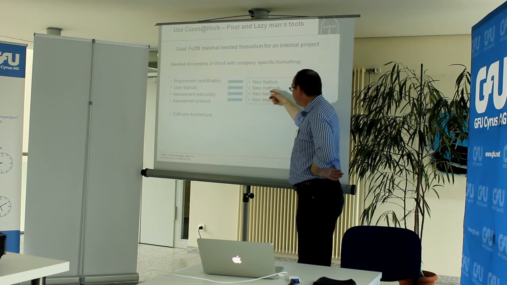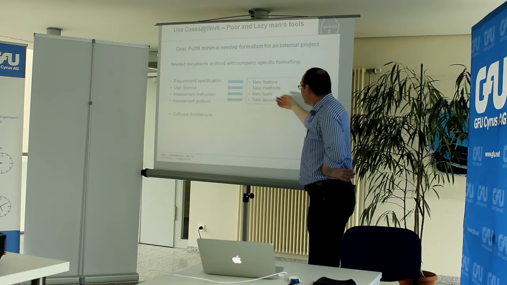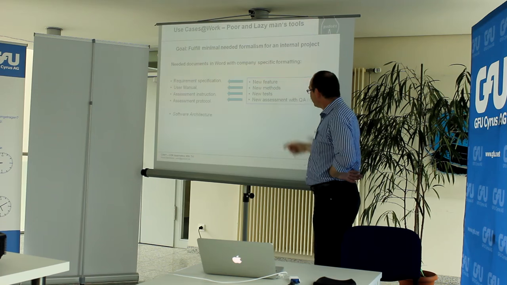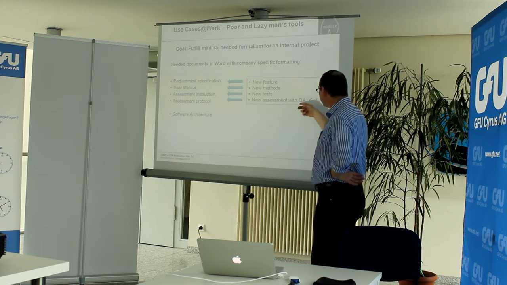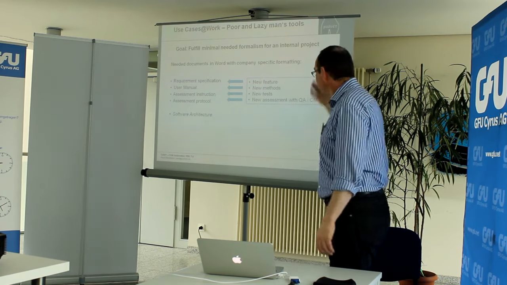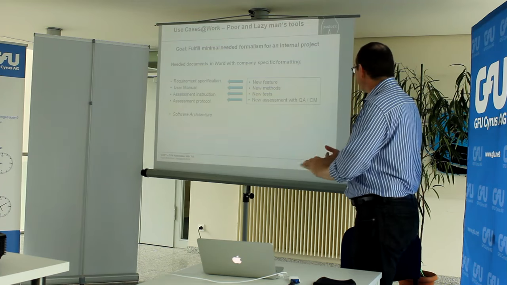You typically have new methods which you must document in your manual. You have new tests for the new feature, and you must make a new assessment instruction with a quality assurance and a config manager. So these are documents which change fairly often.